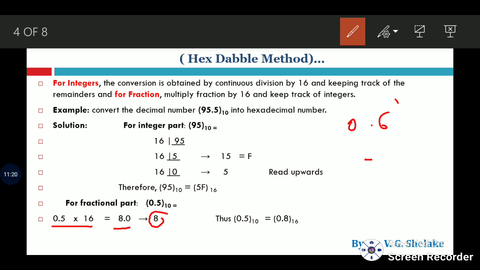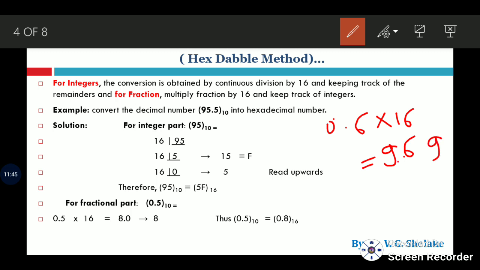0.6, that is your equivalent decimal number, then what we have to do? In this case, we multiply 0.6 by 16, that will be 9.6, and the integer part will be 9.